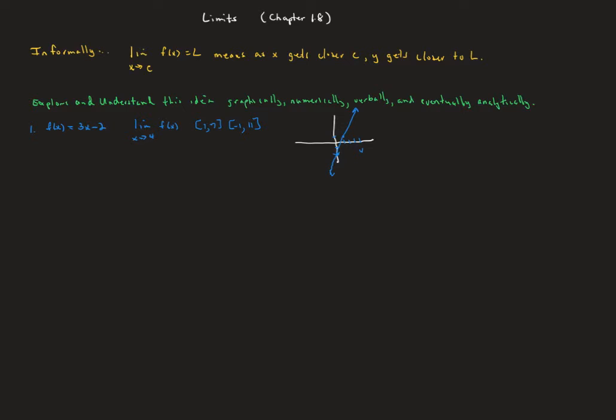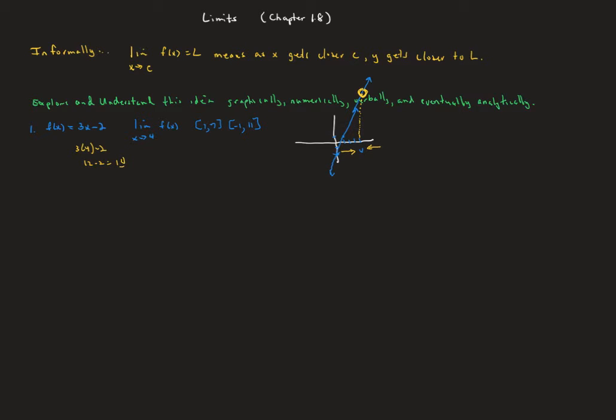What we're saying is as we approach 4, by plugging in x values that are a little bit bigger than 4 and getting smaller, and plugging in values of x that get closer and closer to 4 coming from below, then we know that the y values are going to be getting closer and closer to 3 times 4 minus 2, which is 12 minus 2, which is 10.